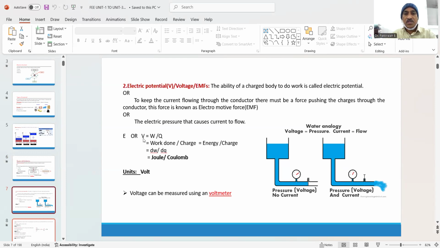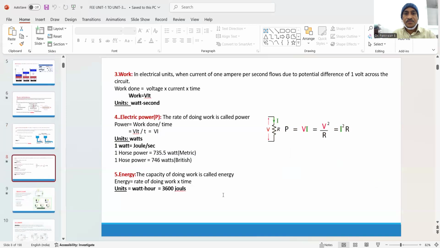It is represented with the letter V or E. So finally, V equals W by Q. The unit of work done W is joule, the unit of charge Q is coulomb. Joule per coulomb, otherwise we also call it volts, which is measured with the help of a voltmeter.